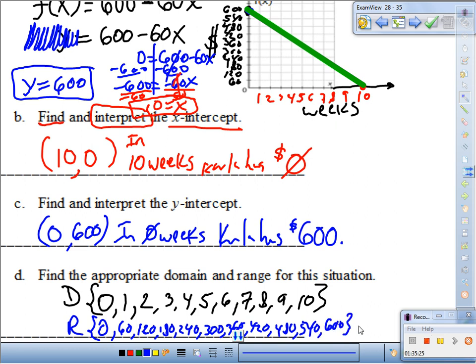All right? And that was number 28. Any question with it? Straightforward, right? All right, number 29. Just remember the domain, starting from the least to the greatest. Include the zeros, please.